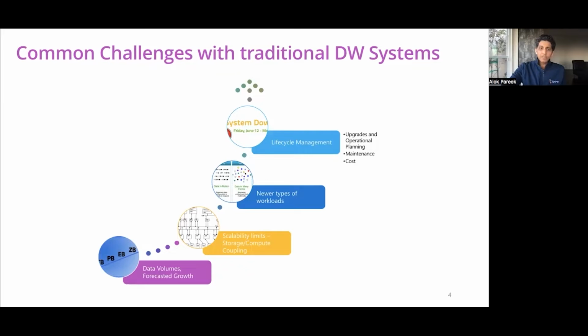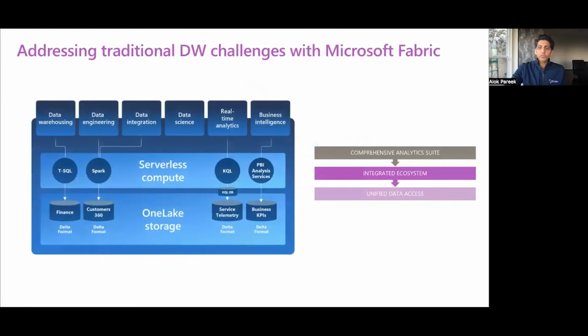Okay, so that is what brings us to Microsoft Fabric. Fabric aims to address these traditional warehousing challenges by offering a comprehensive analytics suite. So all of the requirements from data warehousing and from data engineering and from data science, your BI workloads.